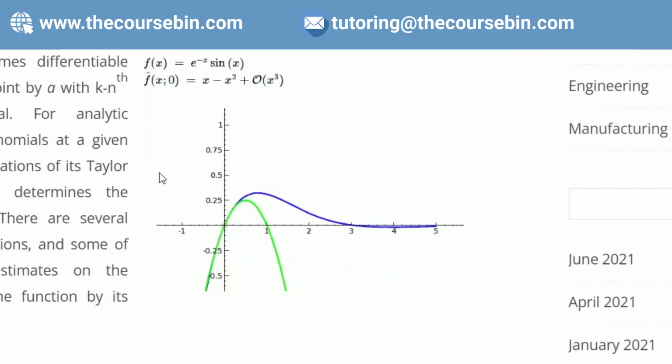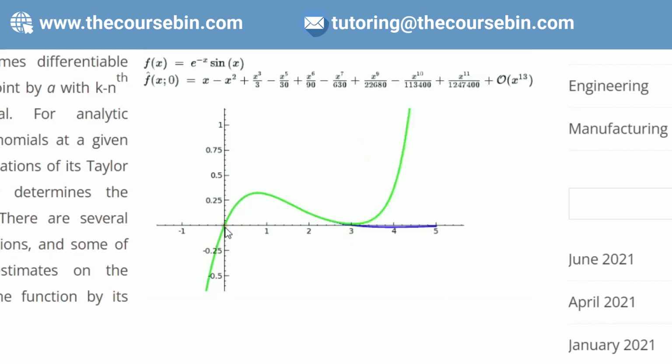Right, so that's the function there. So it's the blue curve here, right? The green curve is the Taylor series approximation for the blue curve, right? So you see that we're using a center of 0, right? Which means that the green curve is going to pass through the same point that the blue curve passes through when x is 0, right?